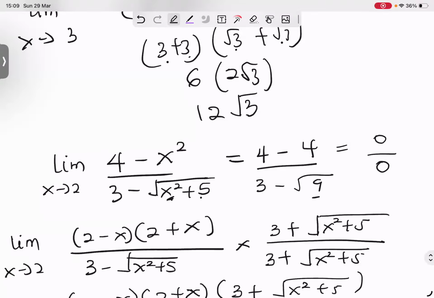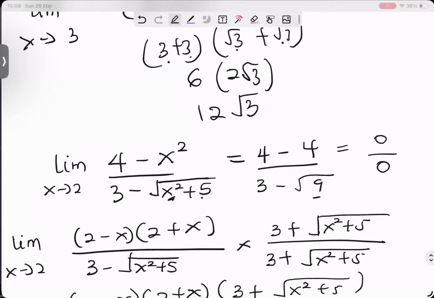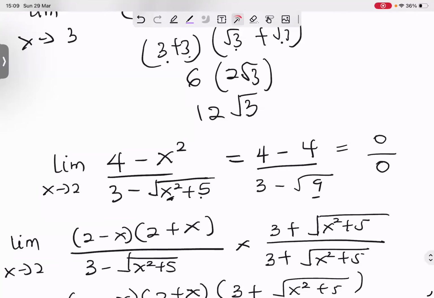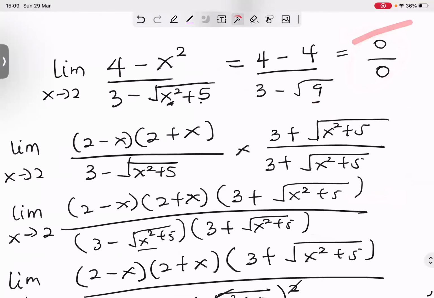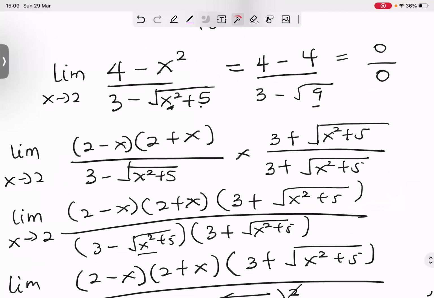Sometimes you can just see that it's going to give you 0 over 0, but you need to do it first. You get marks there before you start doing the rationalization or the factorization. So you need to show it first.